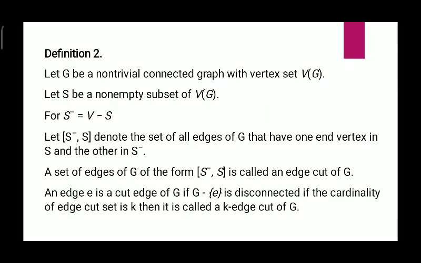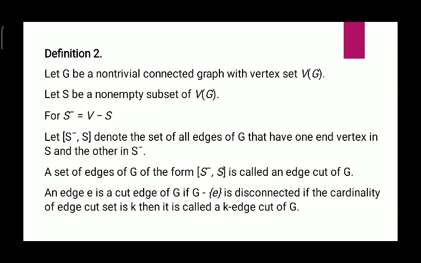The next definition. Let G be a non-trivial connected graph with vertex set V of G, and S a non-empty subset of V of G, and define S dash equal to V minus S. Let us denote by S dash comma S the set of all edges of G that have one end vertex in S and the other end in S dash.